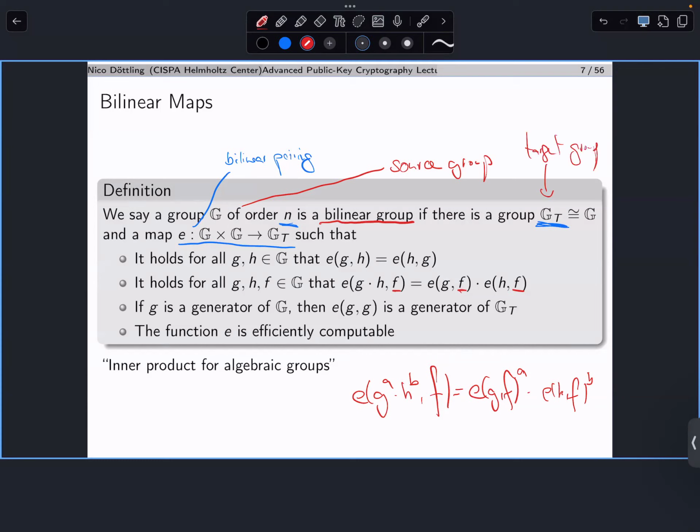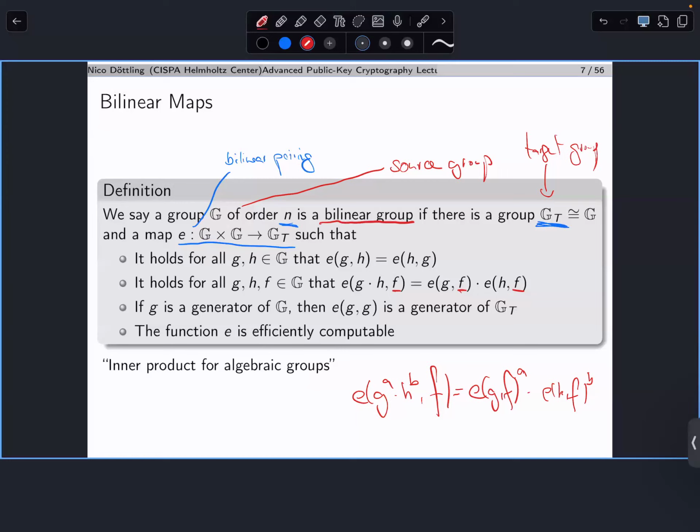Now you know why there's a T in GT, that's the target group. So if g is a generator of the source group, then e(g, g) is a generator of the target group. And lastly, we require this function e to be efficiently computable.